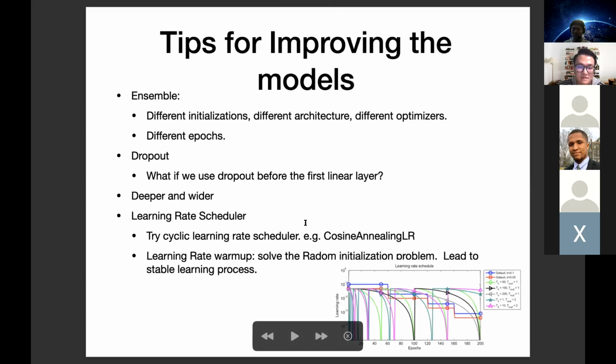There are also some tips to improve your models, like ensembling, dropout, and going deeper or wider. Maybe you will read about ResNet, DenseNet, or some other more advanced models later in this class.